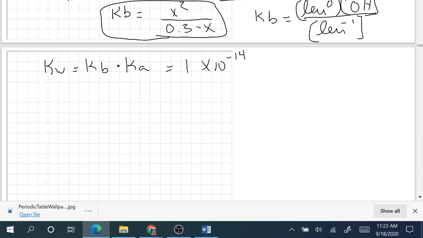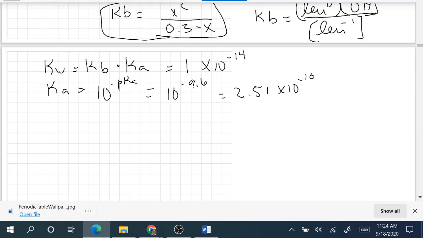Now we don't know the Kb, we probably can't look that up, but we can calculate the Ka from the pKa. So the Ka is equal to 10 to the minus pKa, we have that formula, is equal to 10 to the minus 9.6 is equal to 2.51 times 10 to the minus 10.